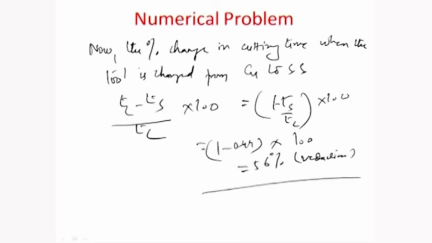So it is significant, right. So just by changing the tool material from copper to stainless steel, you are actually reducing the machining time by 56%.